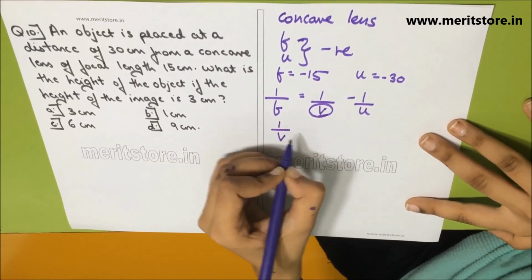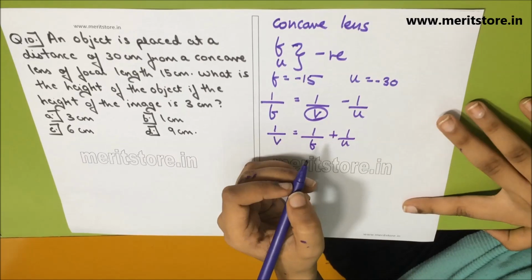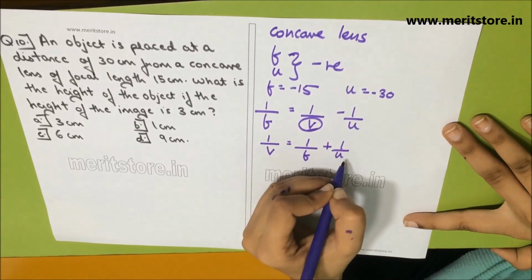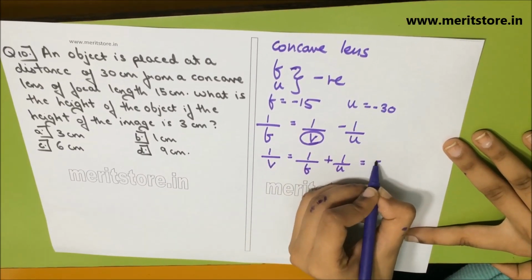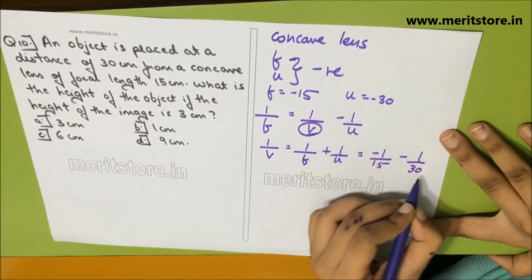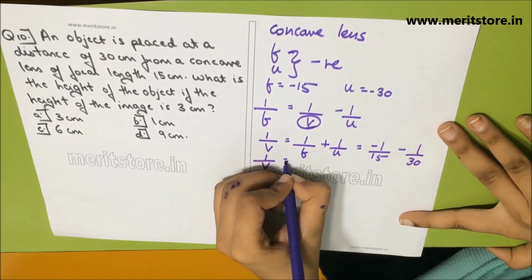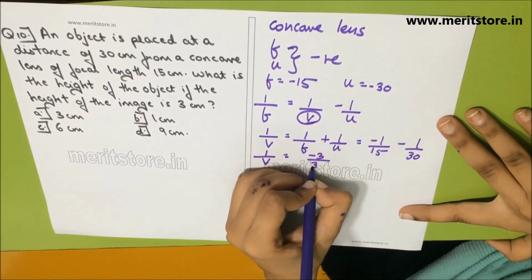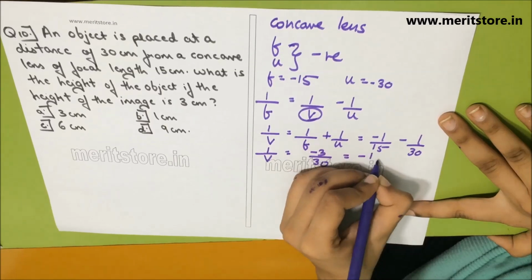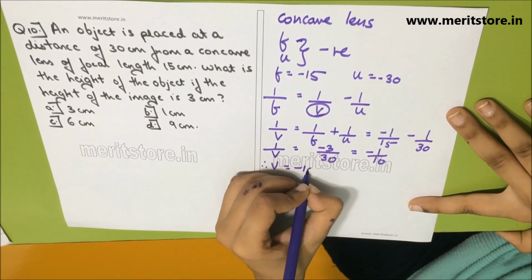Therefore, 1 by v will be 1 by f plus 1 by u. Substituting the values of f and u, I get minus 1 by 15 minus 1 by 30. Solving this, we will get the value of 1 by v as minus 3 by 30, which is equal to minus 1 by 10. Therefore, v will be minus 10.